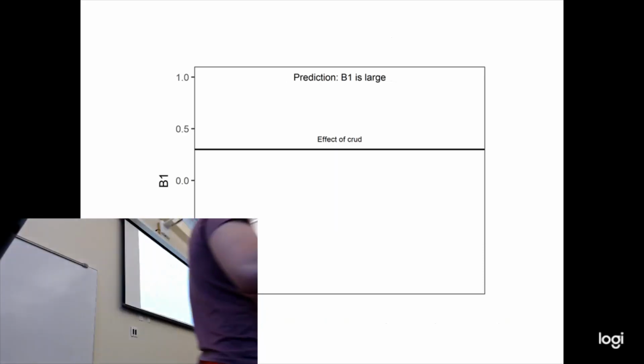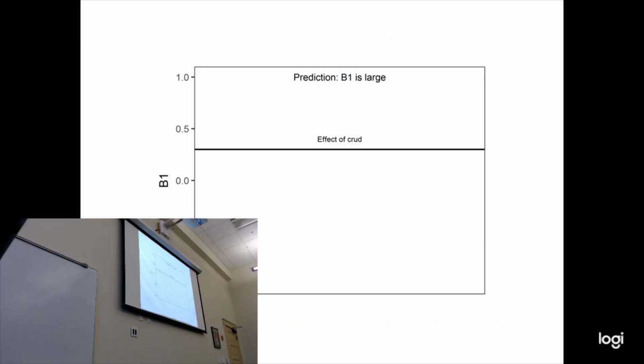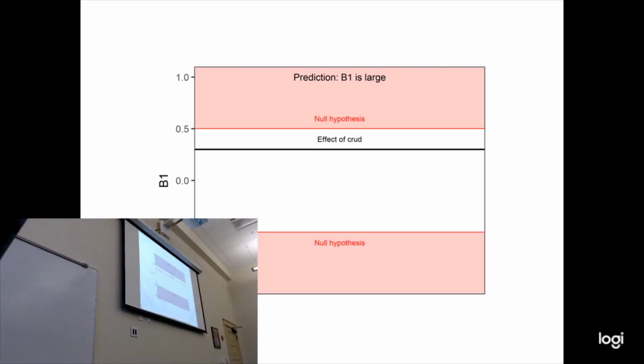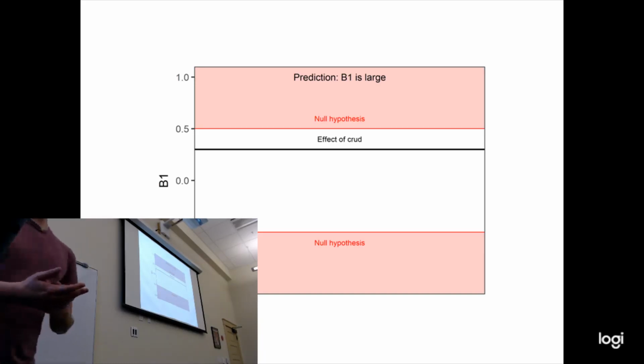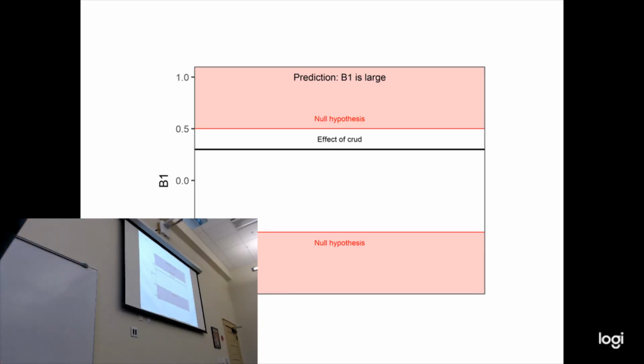So there are actually tools that we can use to cope with this problem. It's not inevitable that we're faced with this paradox in the social sciences. So for one thing, if I am able to make my prediction, say that according to my theory, my effect is going to be large, where large means some value, say above 0.3, I can set that as my null hypothesis and then try to reject that null hypothesis.